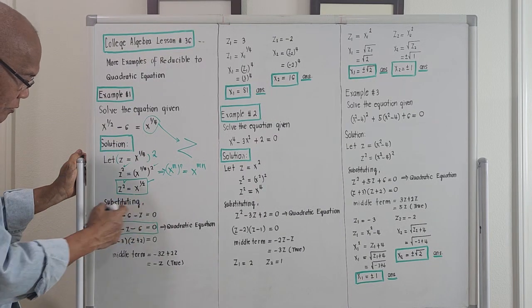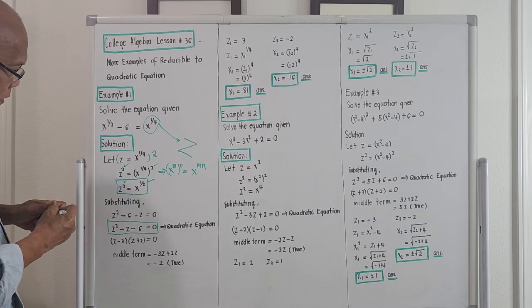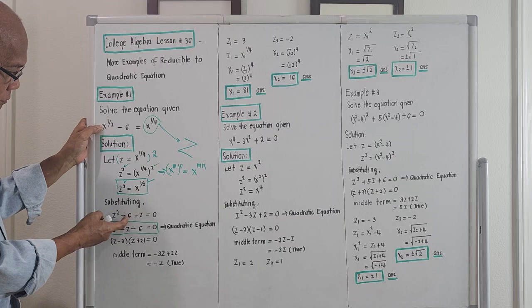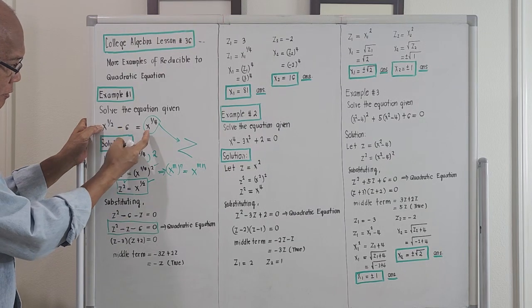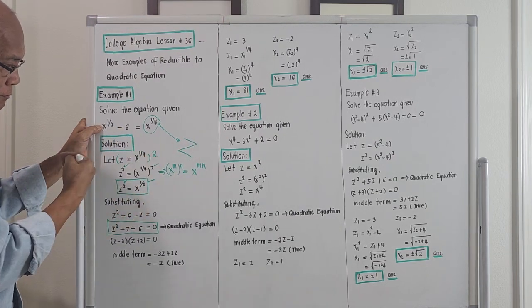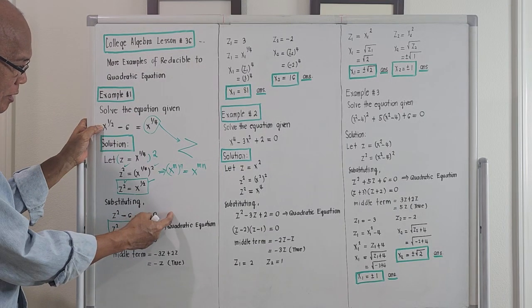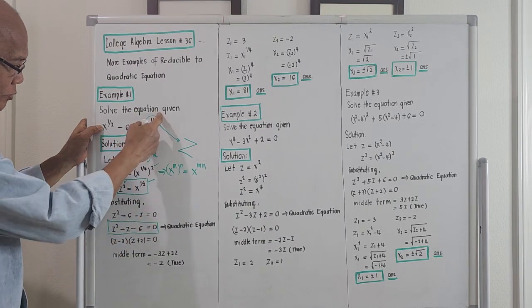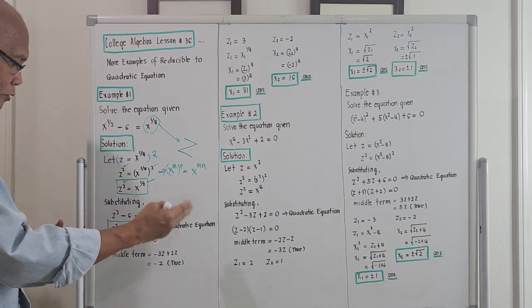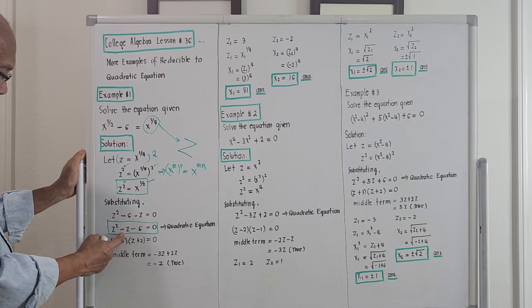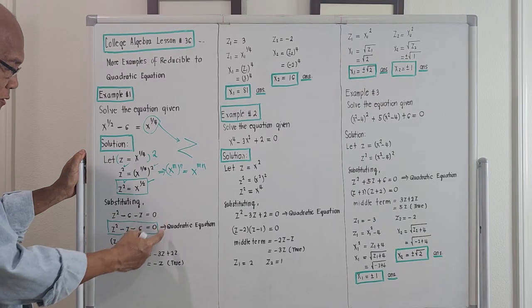So substituting now, x to the 1/2 is actually z squared minus 6. This one, we put it on the left, minus z, and this should be equal to 0. This z here is actually x to the 1/4. If we try to rearrange, z squared minus z minus 6 is equal to 0.